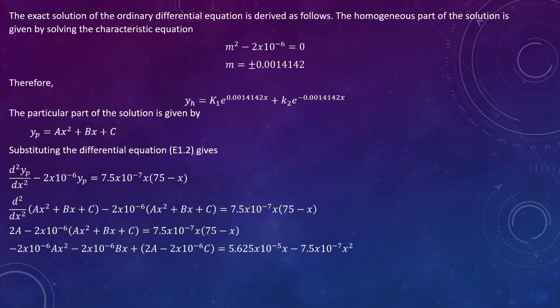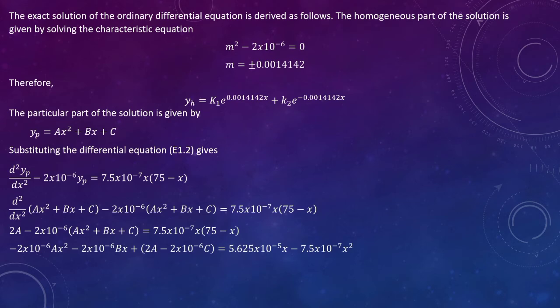So, after ani kay kani nasa gawas, ato na siyang i-distribute sa parentheses sa tagsa. So, first kay negative 2 times 10 raised to the power of negative 6 ax squared minus 2 times 10 raised to the power of negative 6 times bx plus 2a minus 2 times 10 raised to the power of negative 6 c is equals to 5.625 times 10 raised to the power of negative 5 times x minus 7.5 times 10 raised to the power of negative 7 x squared.